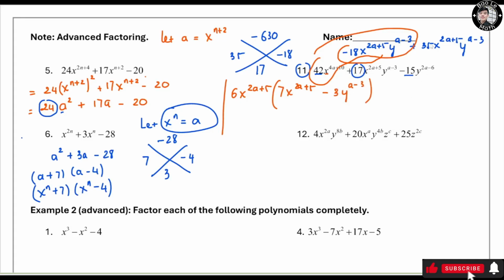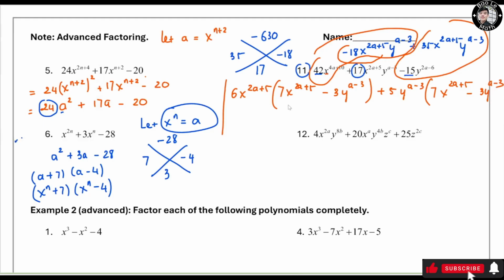Now I'm going to group these two terms and factor 5y raised to the a minus 3 out. So I have 7s raised to the 2a plus 5 minus 3y raised to the a minus 3.